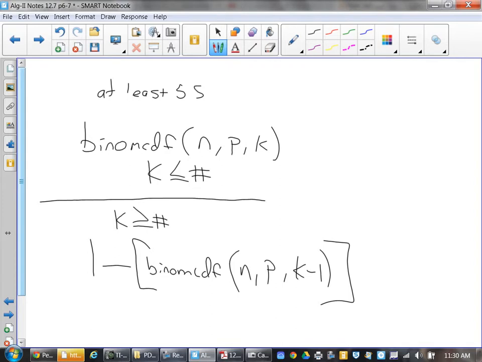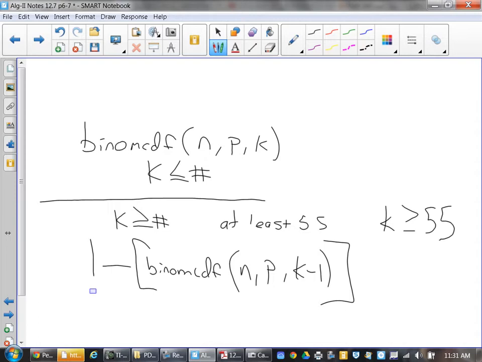Because if I wanted at least 55, that means it would be K greater than or equal to 55. So in order to find the values greater than 55, going up to our n value, I'd use my n, p, and then K minus 1, which would be 54, and I'd find the complement of it.